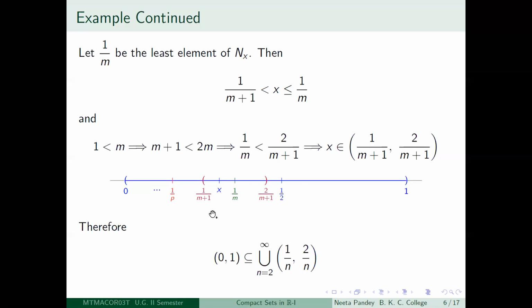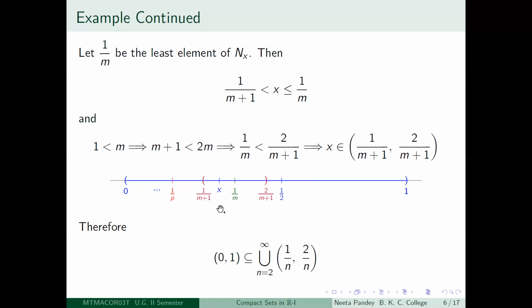So let us look at this diagram. I have not tried to draw the other points here. We are just focusing on the ones which are interesting to us for the time being. We have this open interval 0 to 1 and we have this half point located here, and x is such that x is less than or equal to half.